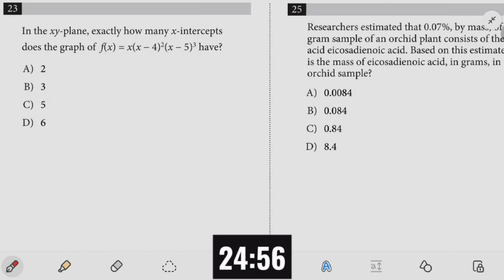Value x equals 0. But the graph doesn't go here. That's the crazy part. So is the answer 2?